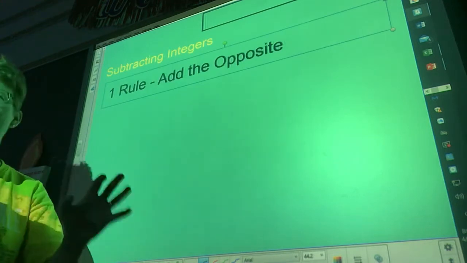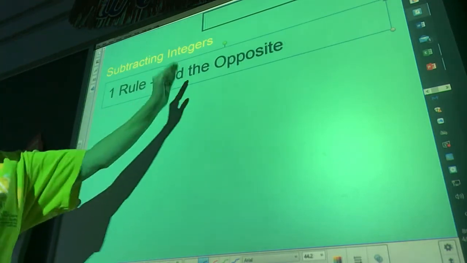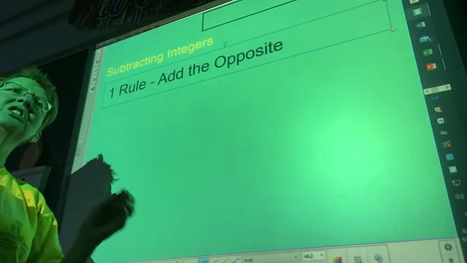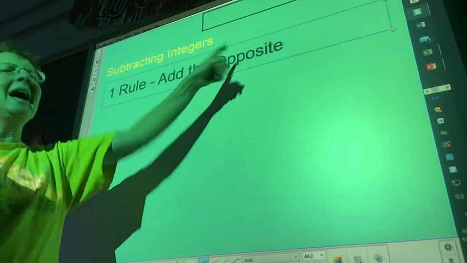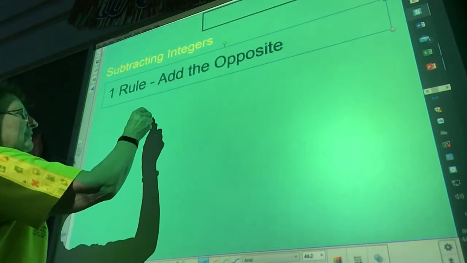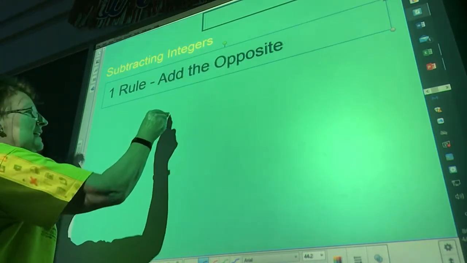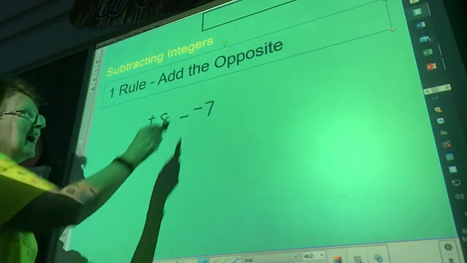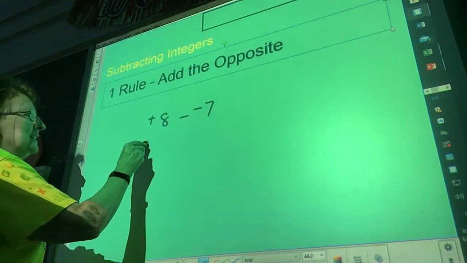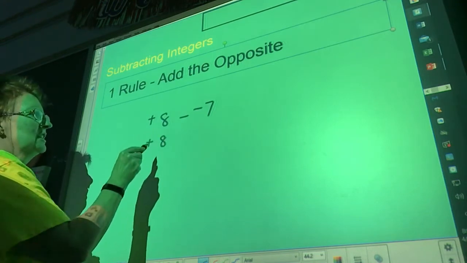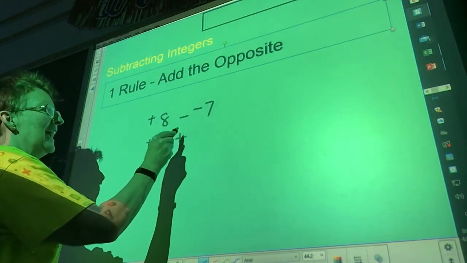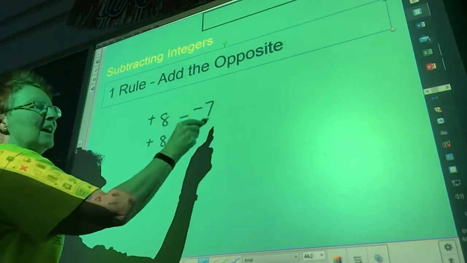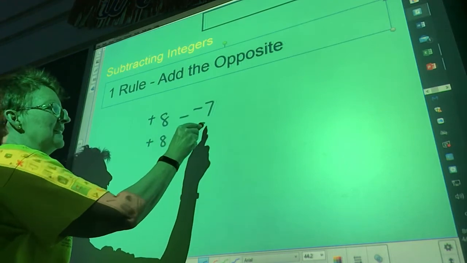Subtracting integers, there's one rule only: you add the opposite. You take your problem, whatever it is, and you change it to an addition problem by adding the opposite. So if I have a positive 8 and I'm subtracting a negative 7, the first integer stays the same, I change it to an addition problem, and I add the opposite of negative 7, which is a positive 7.